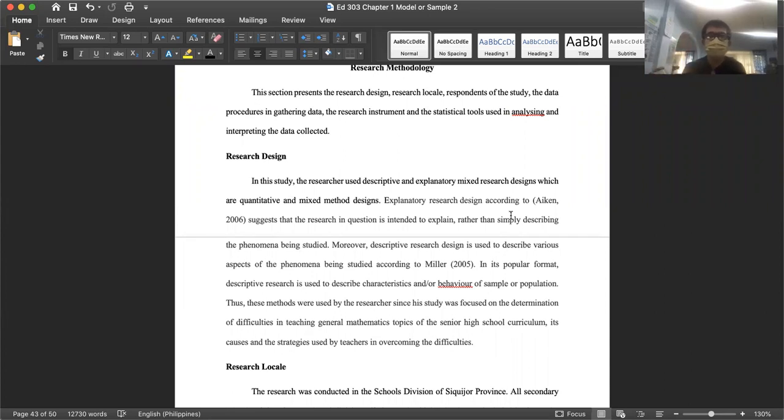Moreover, descriptive research design is used to describe various aspects of the phenomena being studied, according to Miller 2005. So I want you to have additional literature about descriptive research design and about explanatory.